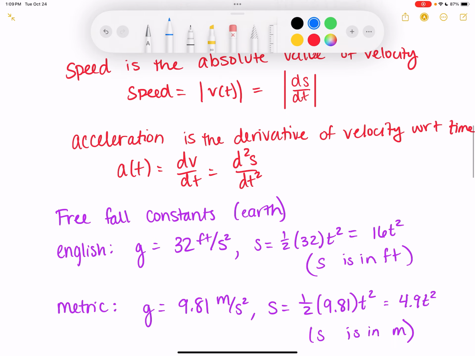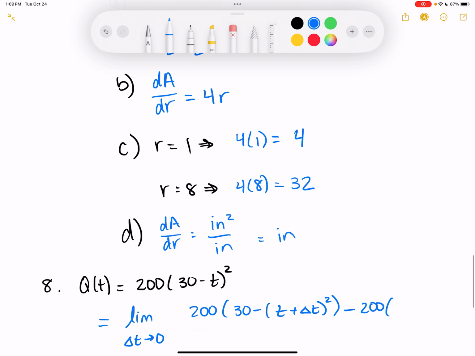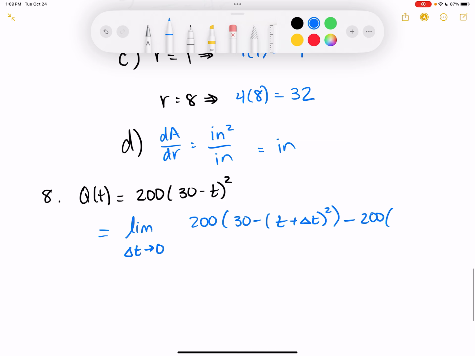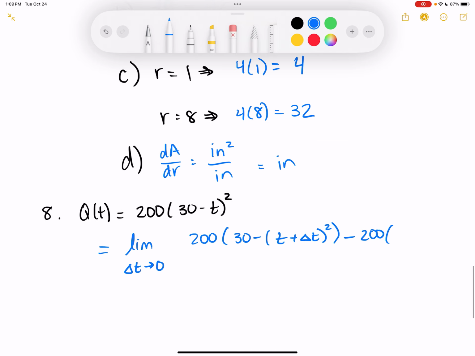F of T. Yeah. Which T is 10, right? Yeah, T is equal to 10.